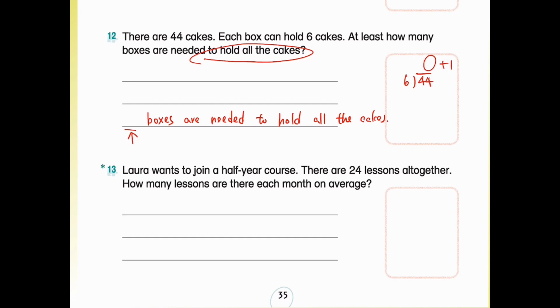So for the answer here, it will be the quotient plus 1. You need that one extra box to hold the remaining cakes. And then you put this quotient plus 1, whatever that is, over here to answer the question.